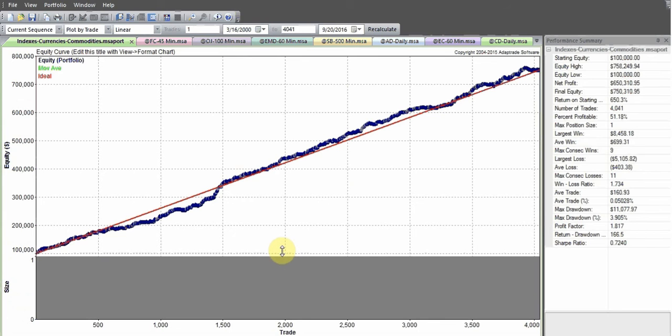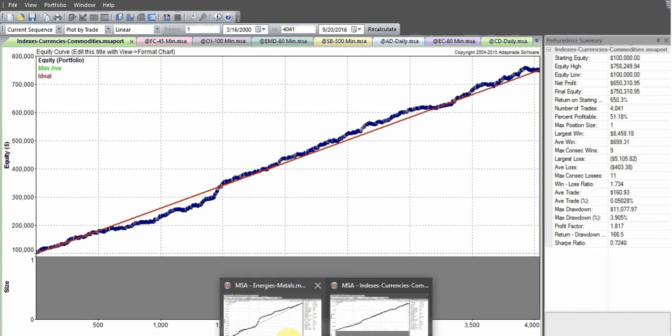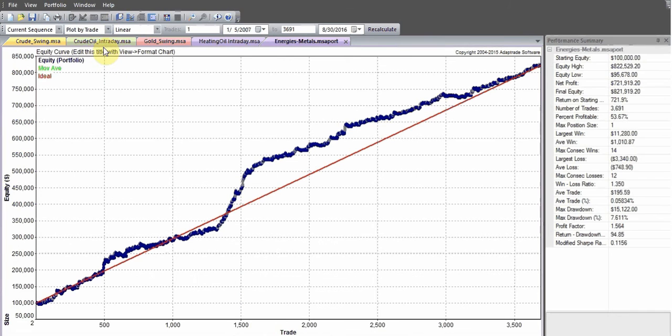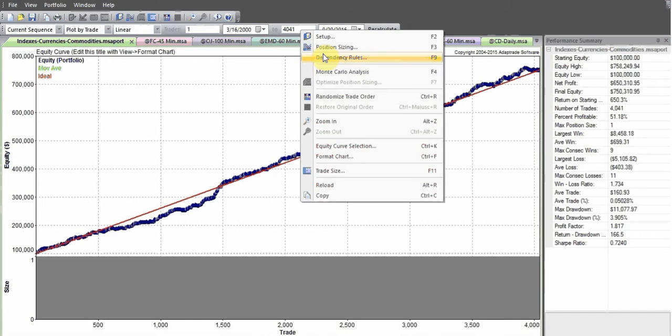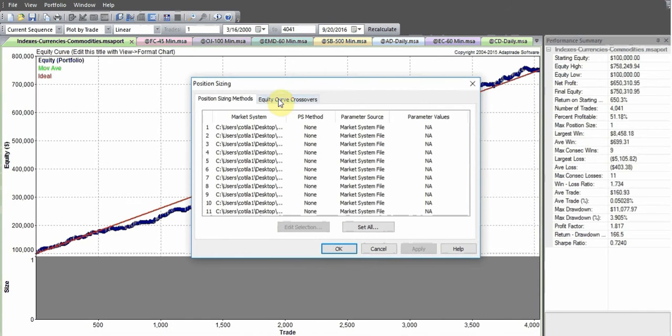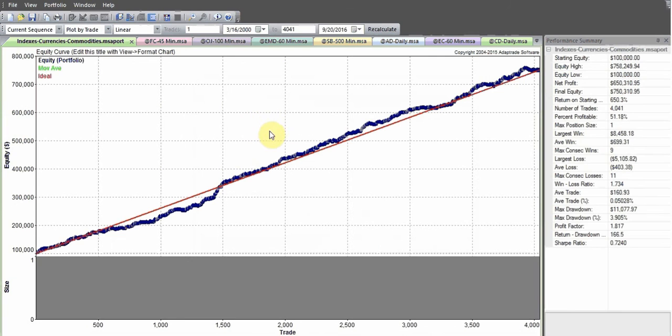I almost forgot to tell you, even the other portfolio as well, we are trading one contract per trade. So if you feel confident that you want to reinvest the profit, you might decide to change the position sizing, and you have a number of position sizing options that you can change for each instrument. But that's not what we want to show you in this video, maybe in another one.